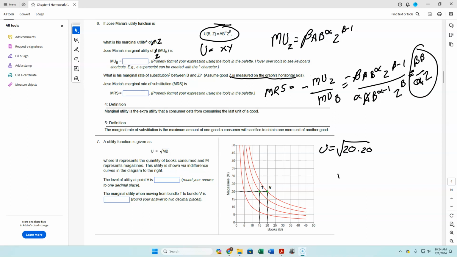Twenty times 20, which is square root of 400, which is essentially 20. And then 15 times 20, which is going to equal square root of 300, which is going to equal 17.32.